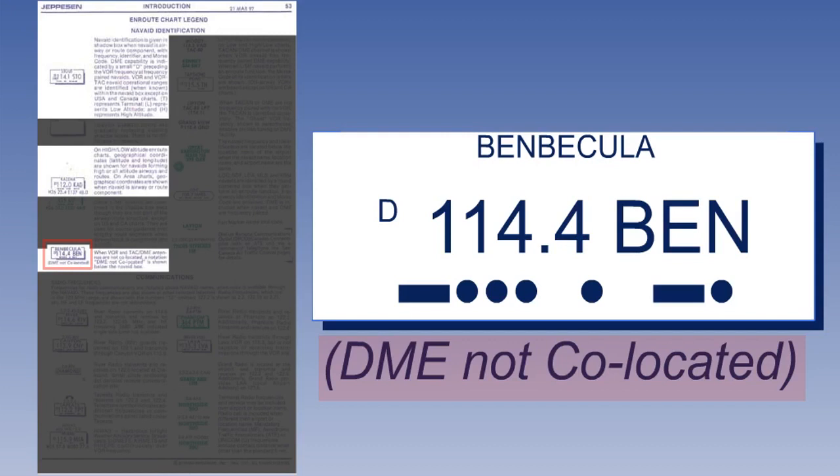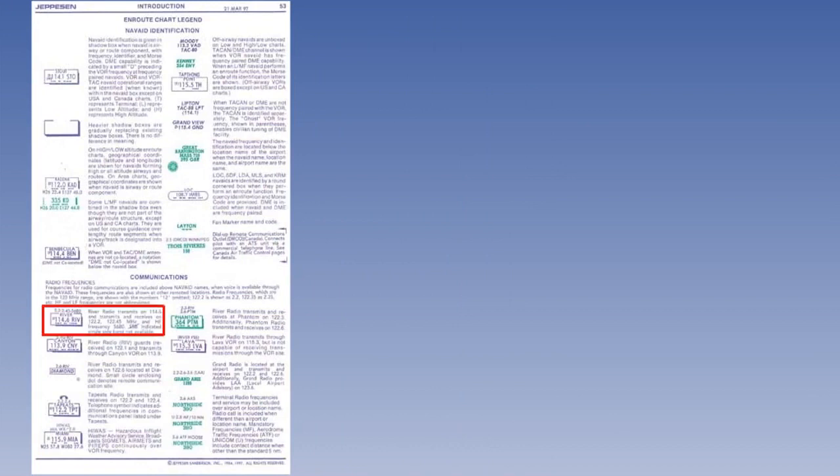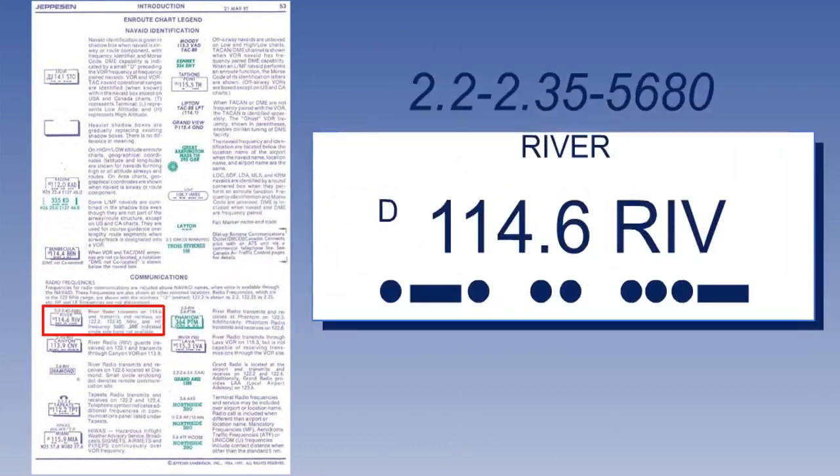When you are ready, go to the next section entitled Communications, which starts on page 53. When voice communication is available through the Navaid, the frequency is shown above the box. Frequencies in the 120 MHz range are abbreviated by removing the 1-2 part of the frequency.